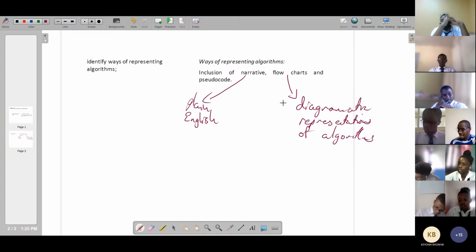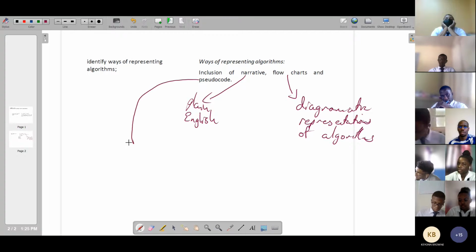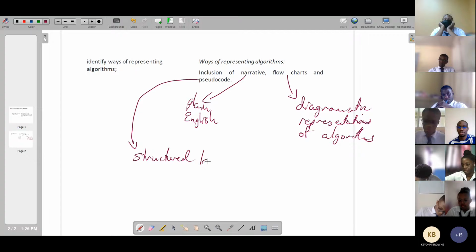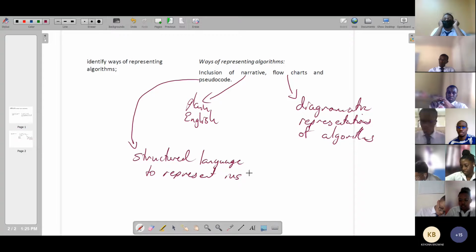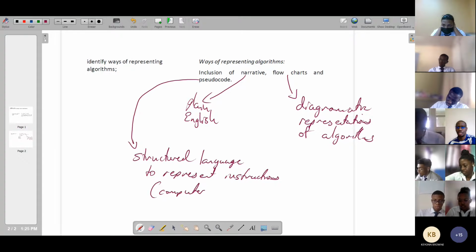And lastly, we have pseudocode, which is like structured language to represent instructions. I'll put in brackets here, computer-like. Computer-like, okay?